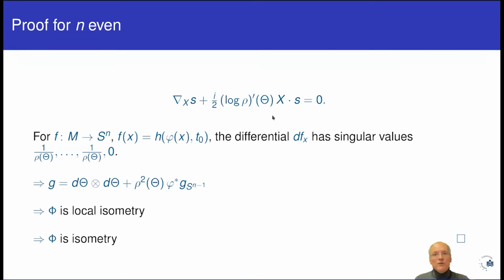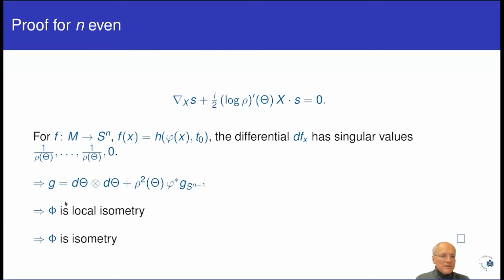So if you have this, for example, then you also have an explicit formula for the curvature tensor applied to S, and this can be inserted into the Weitzenböck formula, and this is why you will get very explicit formulas for everything then, if you have this equation. Anyway, so you have determined the singular values of this function f from M to the n-sphere.